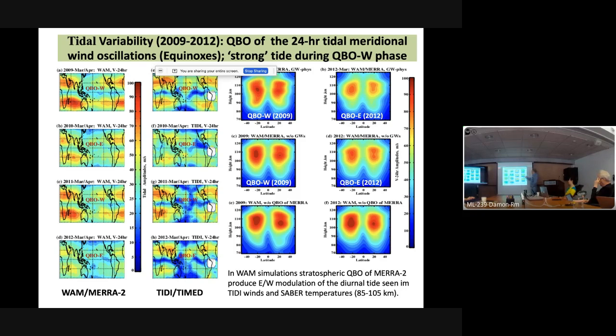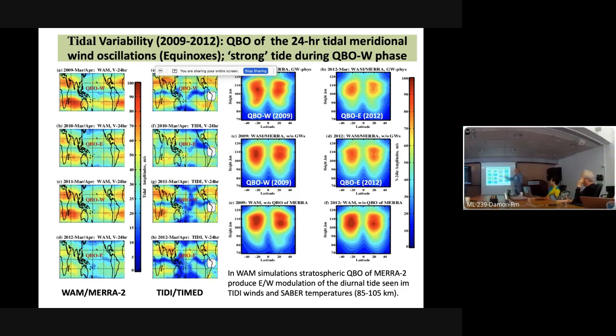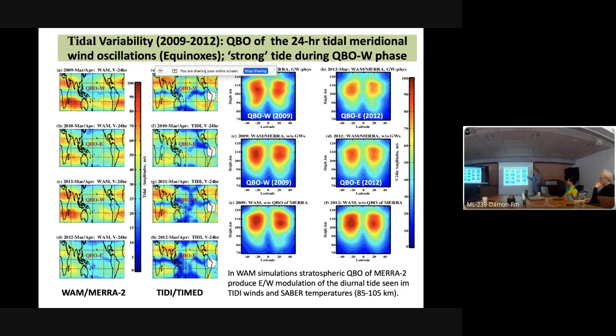So you can see that probably resolved waves still impact the diurnal tide distribution. So you see a difference between westerly and easterly. But if you nudge the model only below the tropopause, the signature differences of the diurnal tide modulation by QBO dynamics are disappearing.